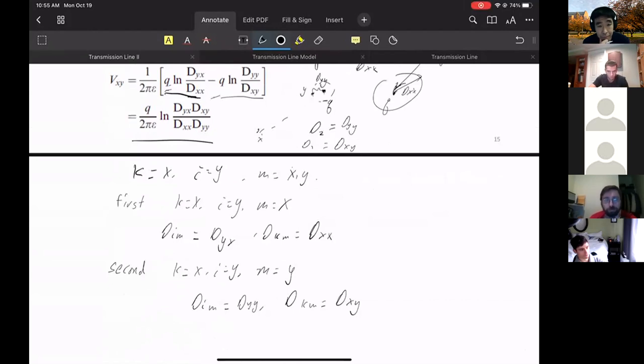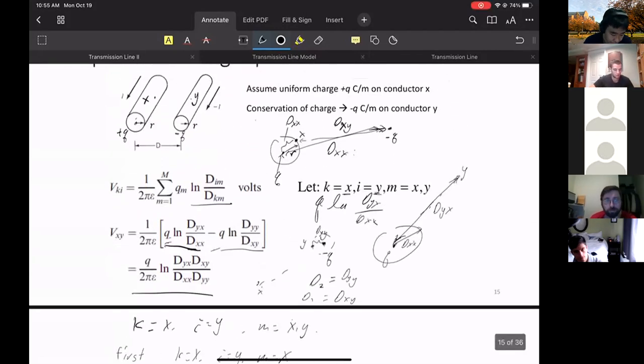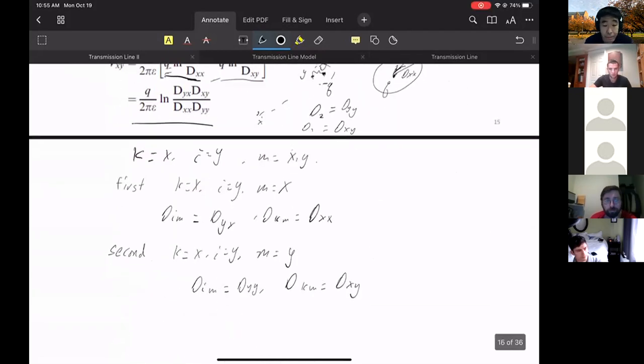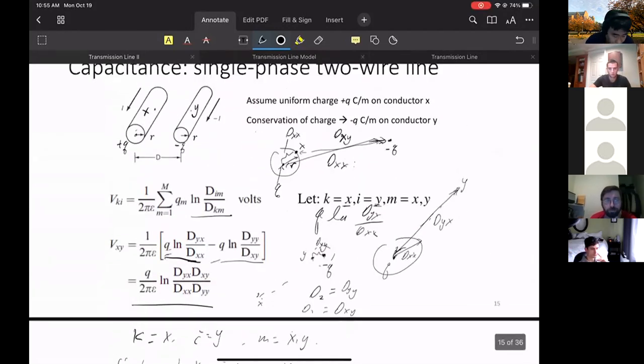Professor, the reason we have different positive and negative q on wires x and y is because their currents are going in opposite directions, right? Yes. Why do we make m equal to x and y? Because I have two conductors. The x conductor is carrying current, the y conductor is also carrying current, and I want to know the potential difference between these two conductors.